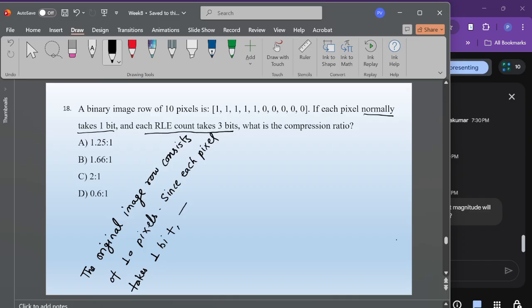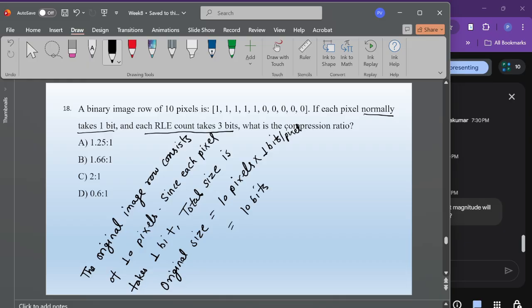So what will be the total size? The original size will be 10 pixels, and each pixel takes 1 bit, 1 bit per pixel, right? So how many bits will they take? 10 bits, right? It will take 10 bits.